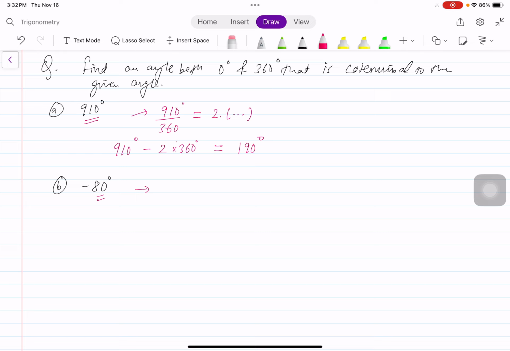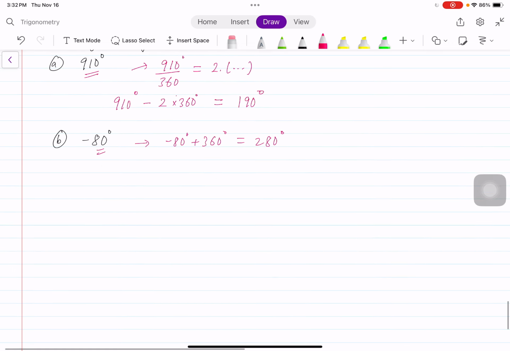If the given angle is positive, the angle itself is a coterminal angle. If the given angle is negative and you want a positive angle, you just add 360 degrees, because no revolutions are completed here, which gives 280 degrees. So this is how we deal with it.